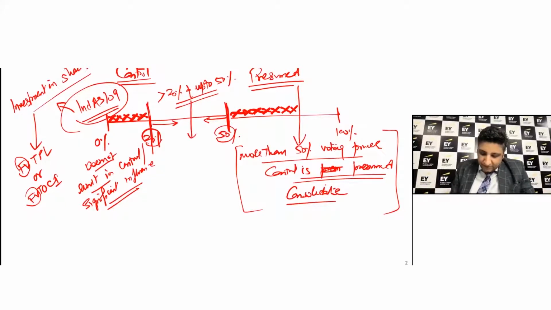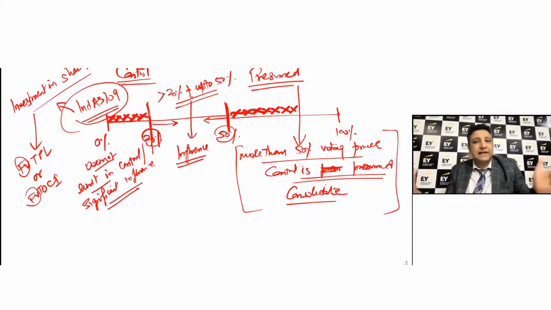That presence or the voting power itself gives you the authority to influence the decision making of that investee company. You are a significantly large shareholder, or you have a significantly large voting power. So you don't have to be a shareholder necessarily, because the voting power may be also obtained indirectly.